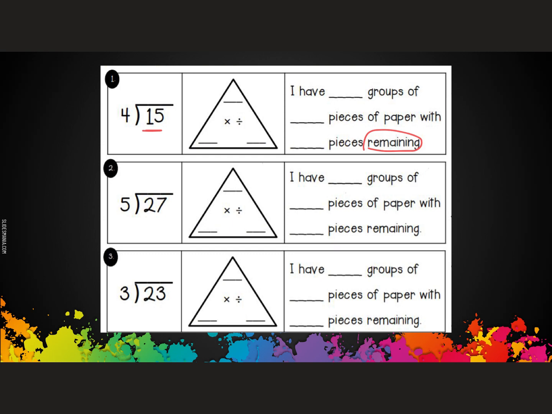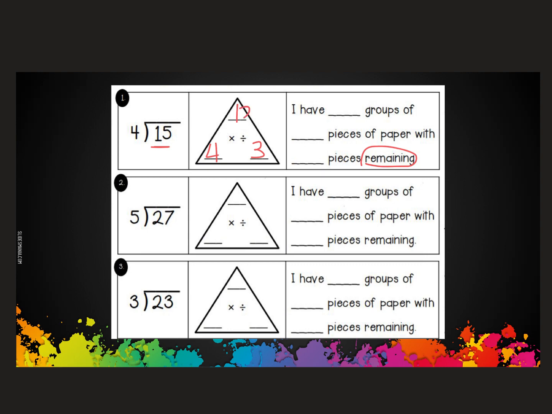So that must mean that 4 times 3 equals 12, and then I have 12, 13, 14, 15, 3 pieces left over, which means I have 4 groups of 3 with 3 pieces left over, because 3 times 4 is 12, and that's as close as I can get to 15 without going over. I can have some leftover pieces, but I can't have extra pieces.